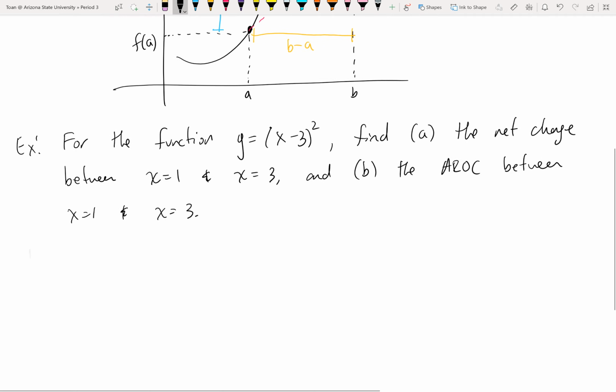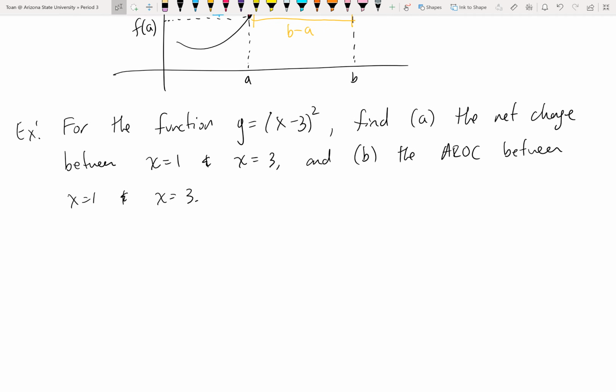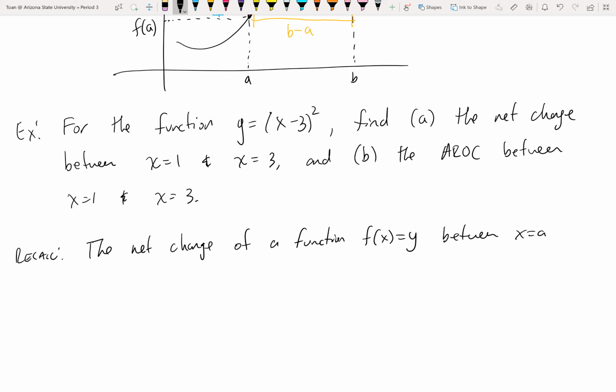Now, if you forgot what net change was, and understandably it was a long time ago, like 2 days ago, here's to refresh your memories. The net change of a function f of x equals y between x equals a and x equals b is f of b minus f of a.